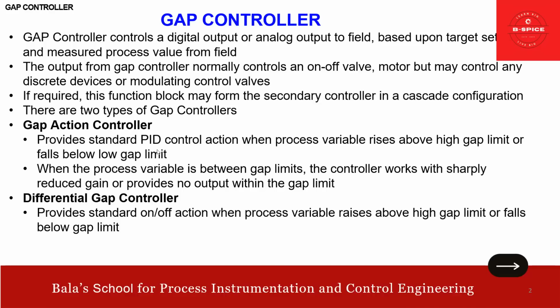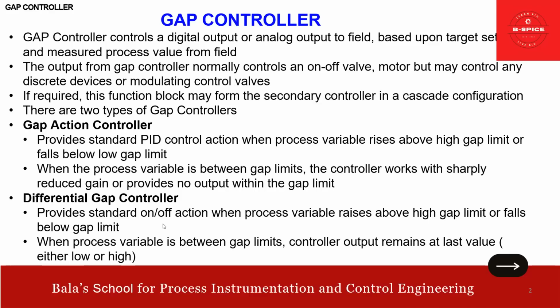You got it, friends? Gap action is PID; differential gap is on-off action. Very simple. When the process variable is between the gap limits, the controller output remains at its last value. Here in the gap action controller, it provides no output, but in the differential gap controller, it remains at the last value, either low or high. Very simple: gap action, differential gap. Good to go.